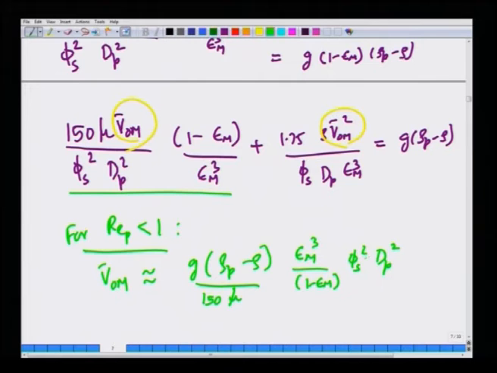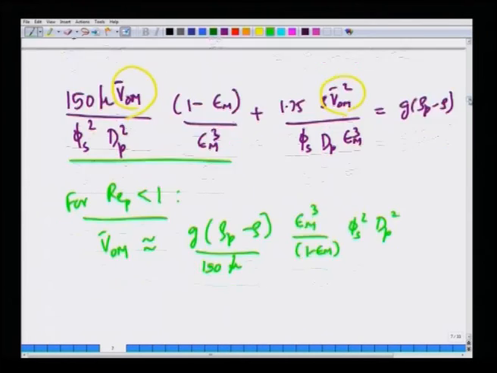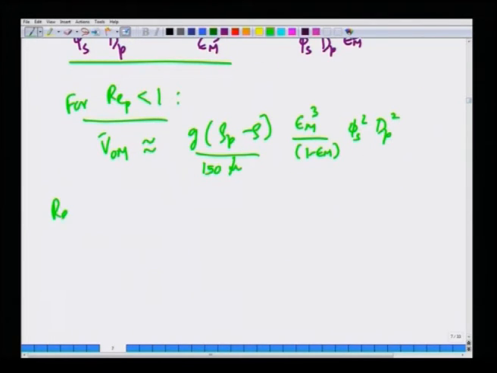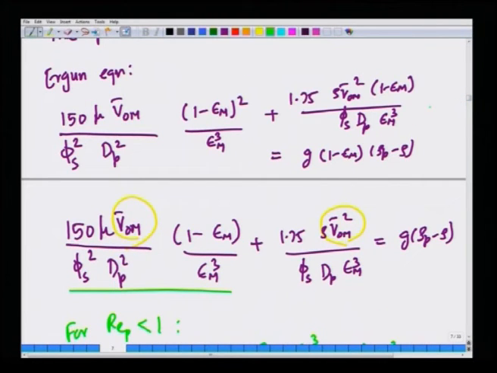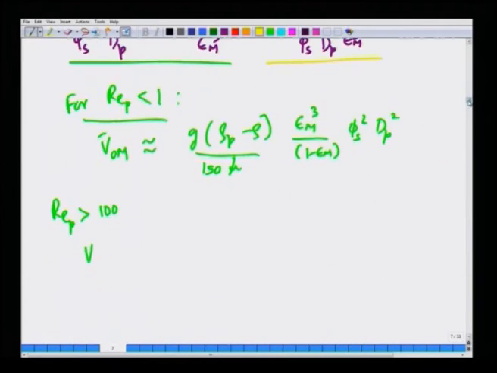And when the Reynolds number based on the particle is large, 1000 let us say, for v_om we neglect the first term and take only the second term. So, this will be the dominant term when the Reynolds number is large.